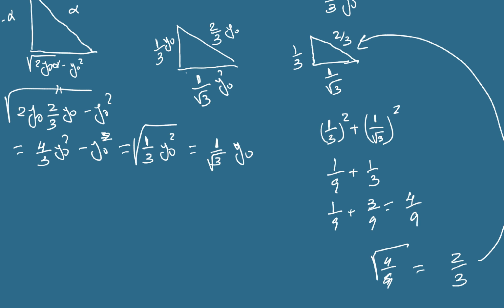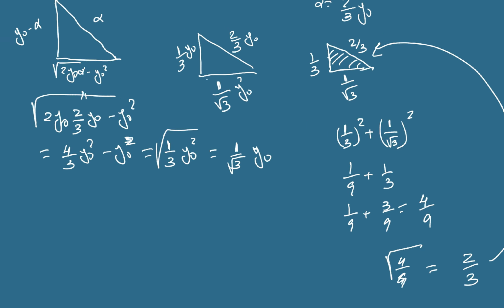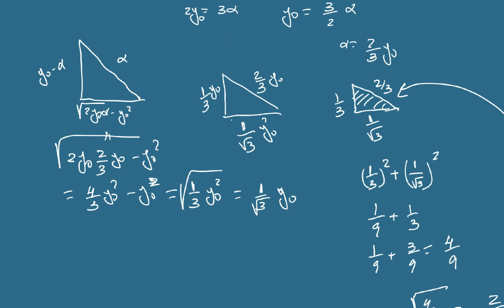The triangle that has the maximum area is when you fold the paper, this length y0 minus alpha, in a way that you leave only 1/3 of the height here. 1/3 of the height of the paper.